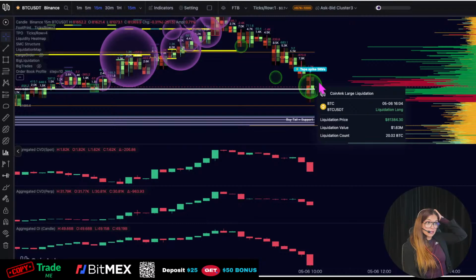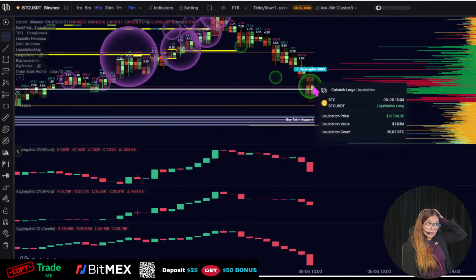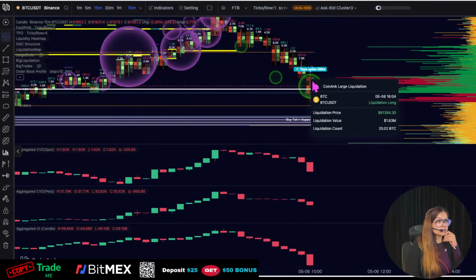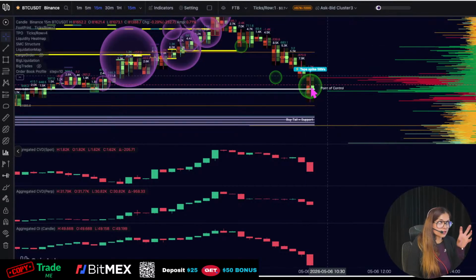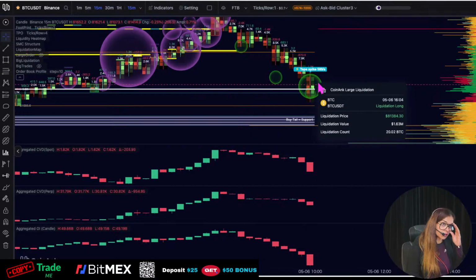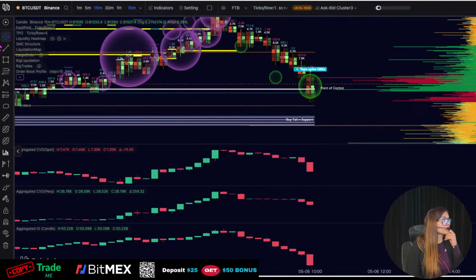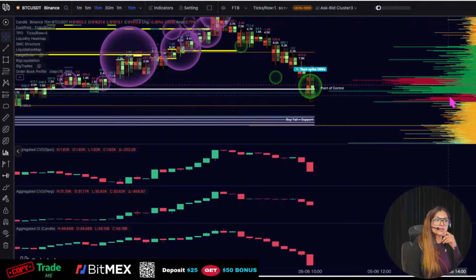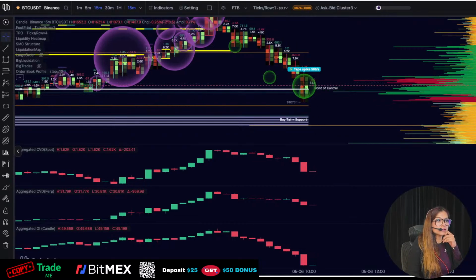Here we have a huge liquidation: this 15-minute candle, this participant just got liquidated, or these order areas just got liquidated, 1.36 million. That's 20 BTC. Damn. All right, this is the order book. So these are the orders being piled in. Let's have a look at the liquidity heat map.